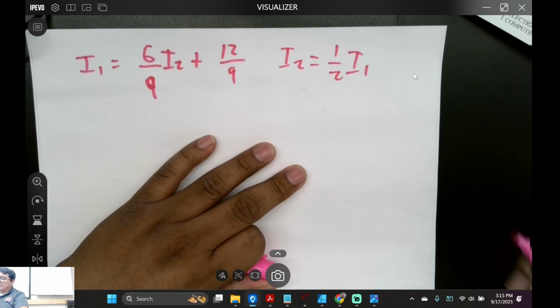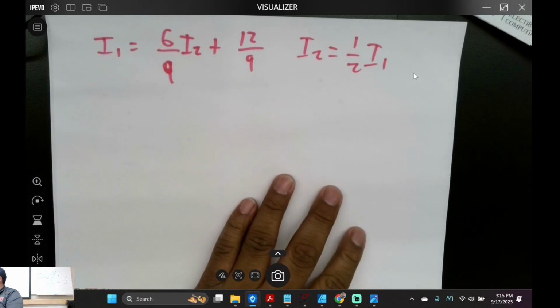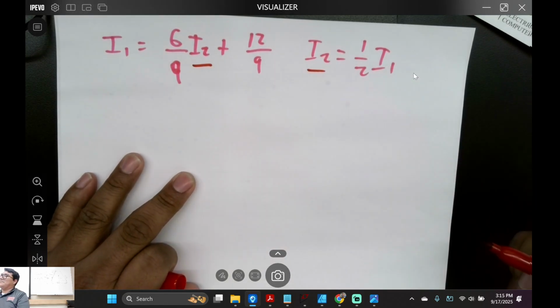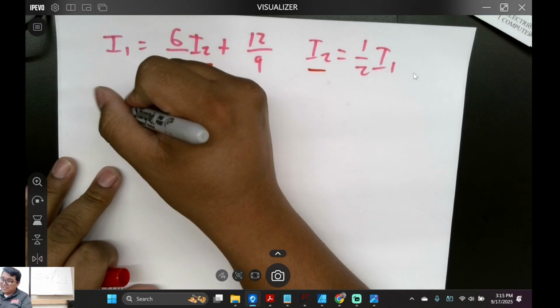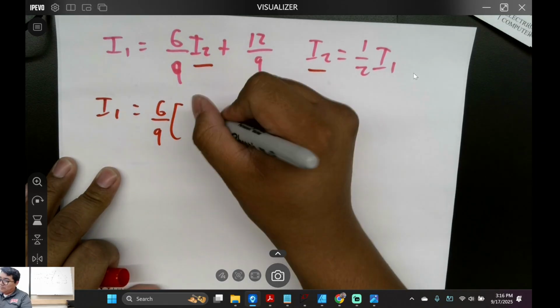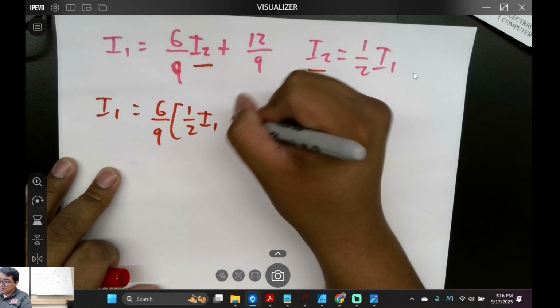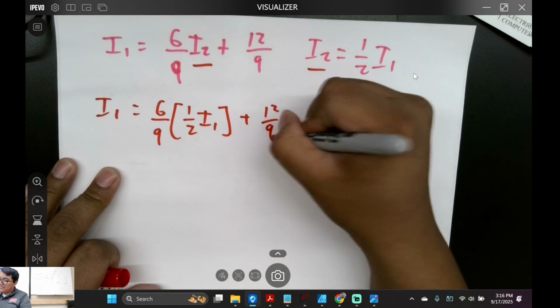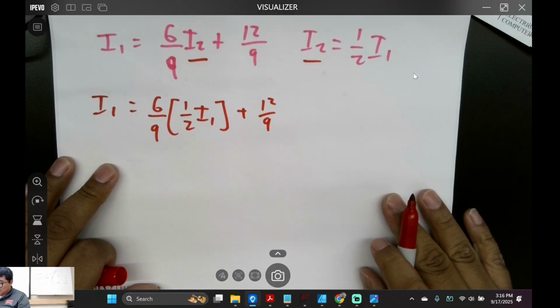Is that looking good? So now I want to substitute this, and this, right? I'm gonna punch and plug and chug. I1 is equal to 6 over 9, 1/2 of I1, right? Is that good? Plus 12 over 9.